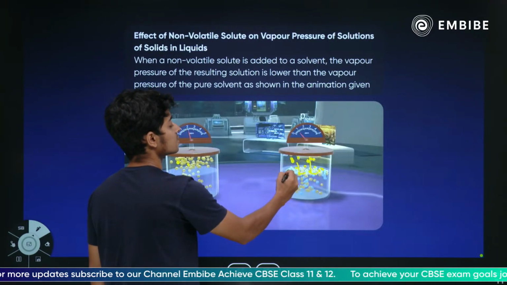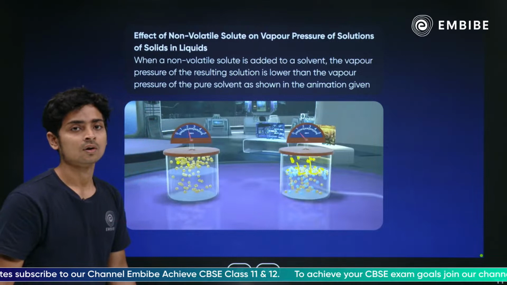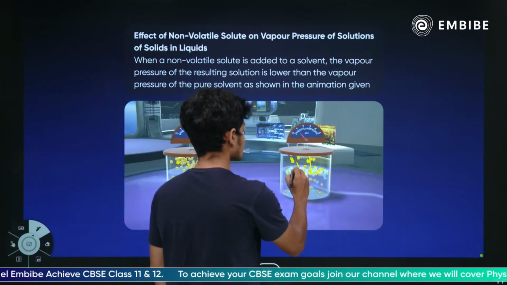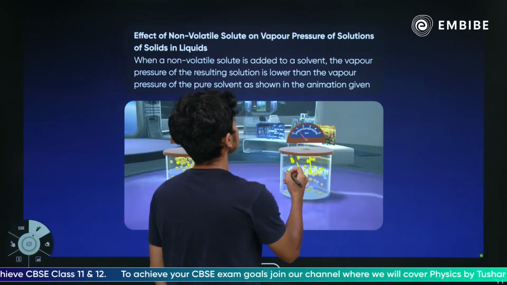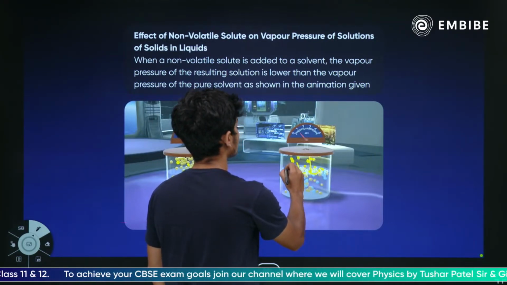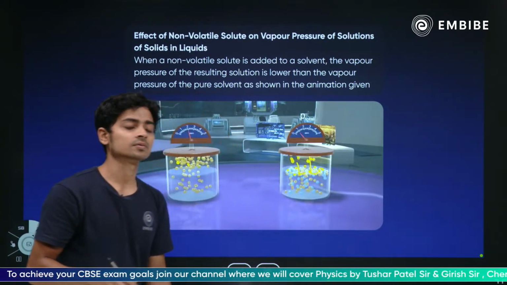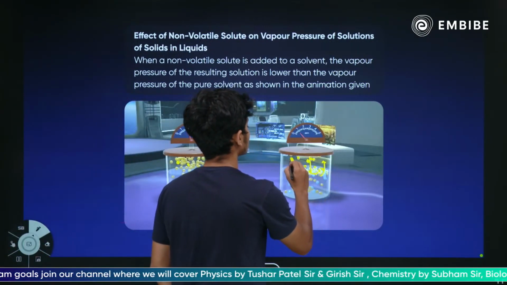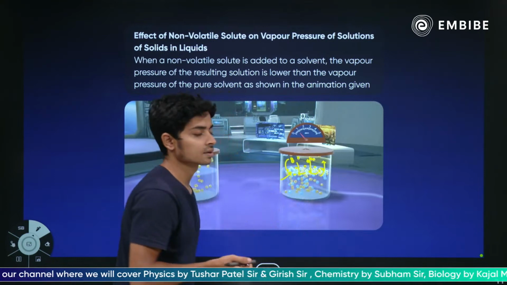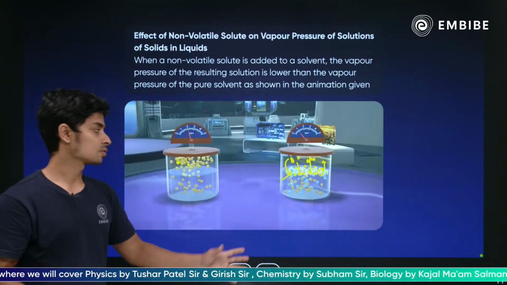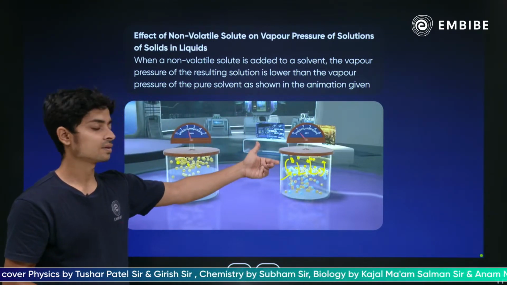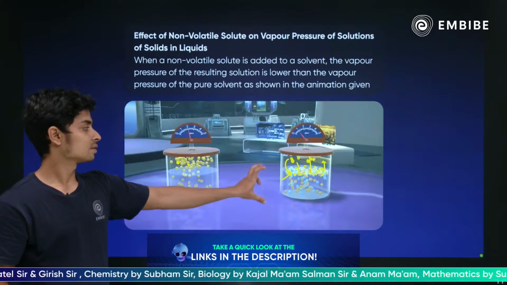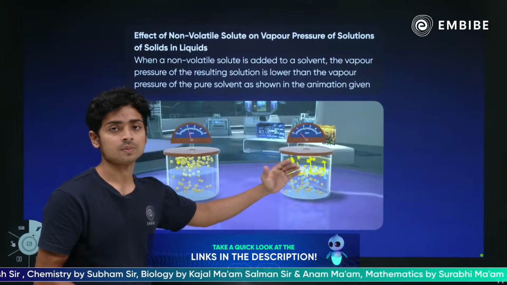If the surface is blocked, these blue particles, which are your solvent particles, are affected. Vapor pressure arises when some of the liquid converts into vapor phase and some of the vapor converts back into liquid, so there is an equilibrium. The rate of change of liquid to vapor is equal to the rate of change of vapor to liquid, but the equilibrium favors the liquid phase below the boiling point.